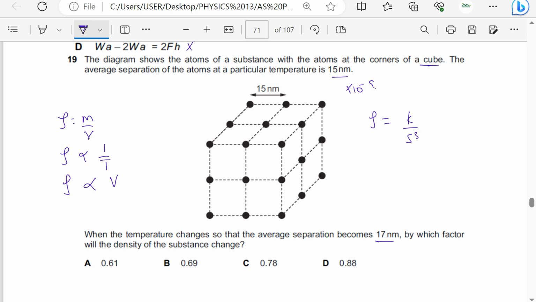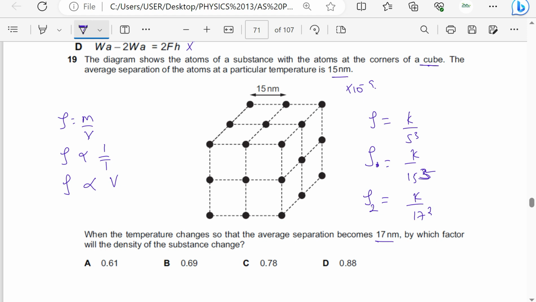So for the first one, density is going to be equal to K divided by 15 cubed. Then for the second one, the density is going to be equal to K divided by 17 cubed. This is rho 1, and this is rho 2. Or let me just call this one rho and I call this one rho 2.